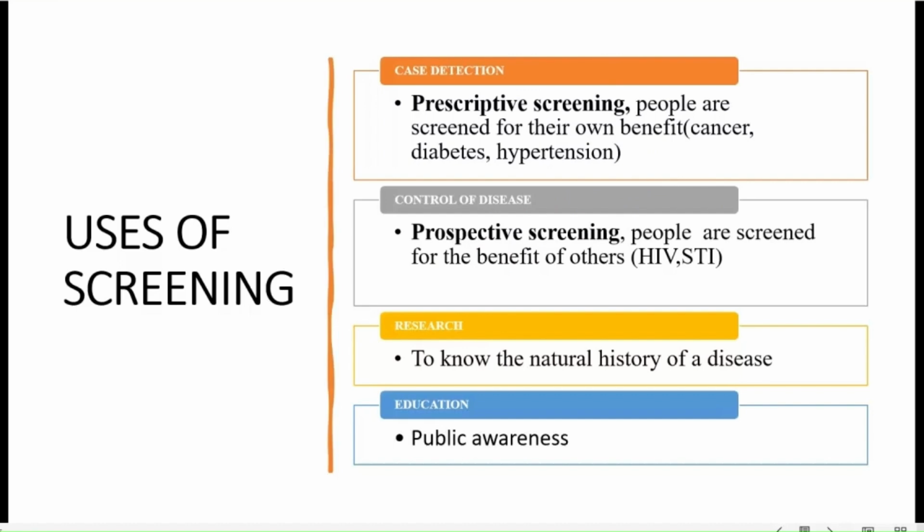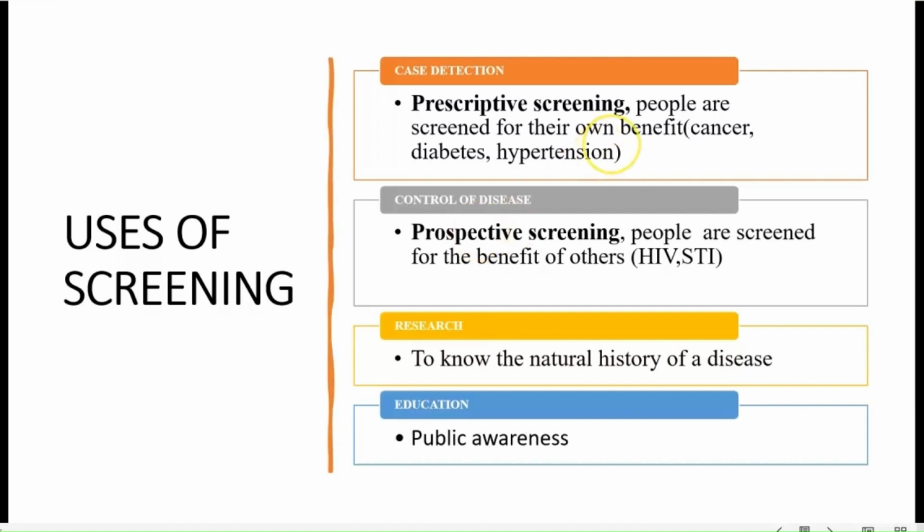Like in the case of COVID, when people were moving from one state to another, the government advised screening of the immigrants. Prospective screening may be done by agencies or the government for the benefit of others.